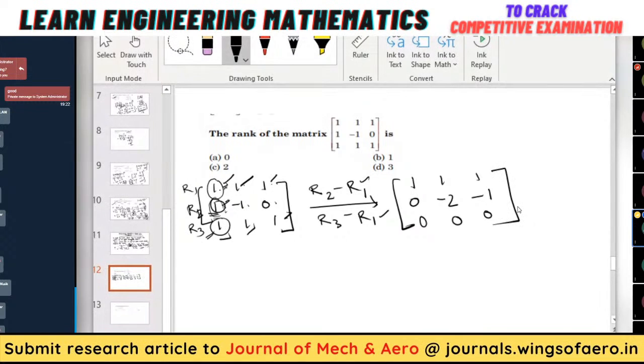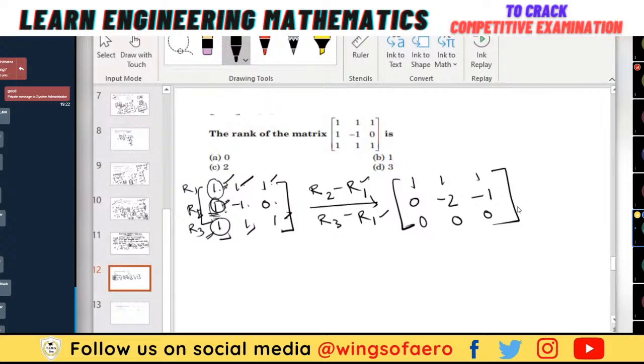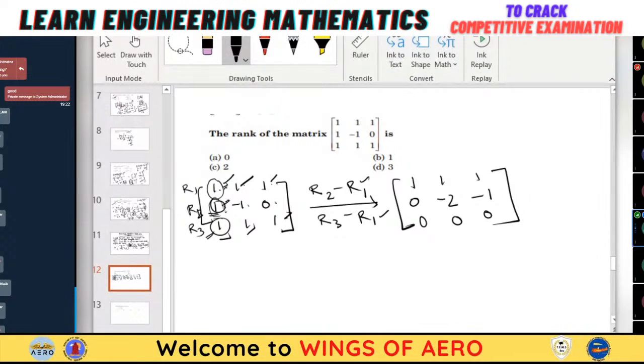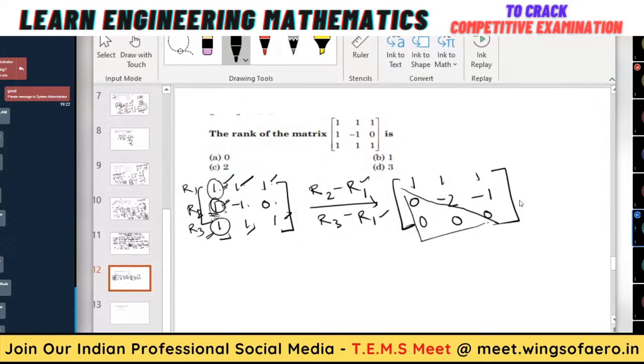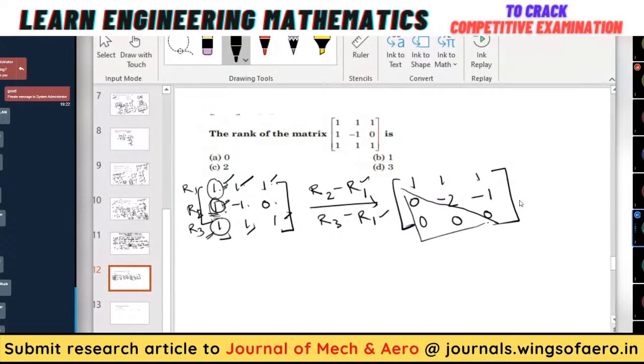Now you have to check whether the matrix has transformed into an upper triangular matrix or not. Look at this. This becomes an upper triangular matrix because our lower elements are all 0. If it happens, you stop operating, because you have already obtained the upper triangular matrix.